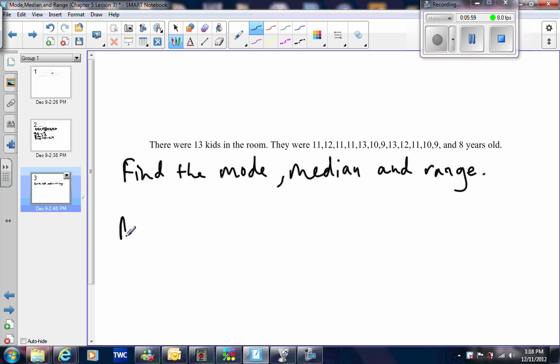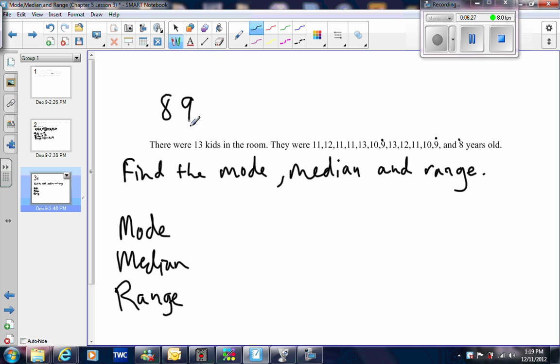All right, welcome back. We've got the mode, the median, and the range that we're supposed to find out. Mode: which one happens more than any other one? I think it's good to put these in order from least to greatest right away. 8, that's one. 9, 9, there are 2 9s. There's a 10.